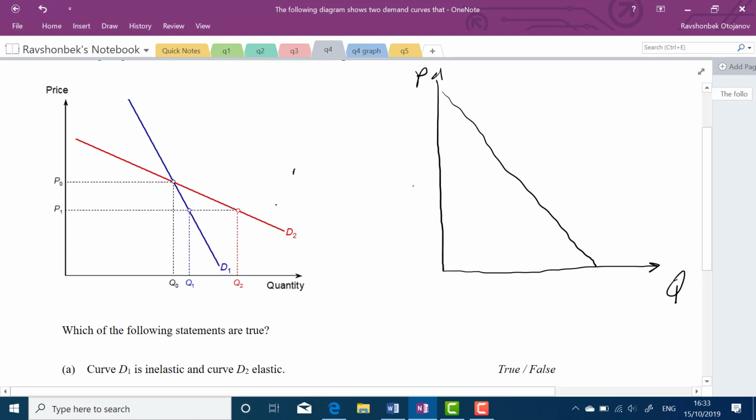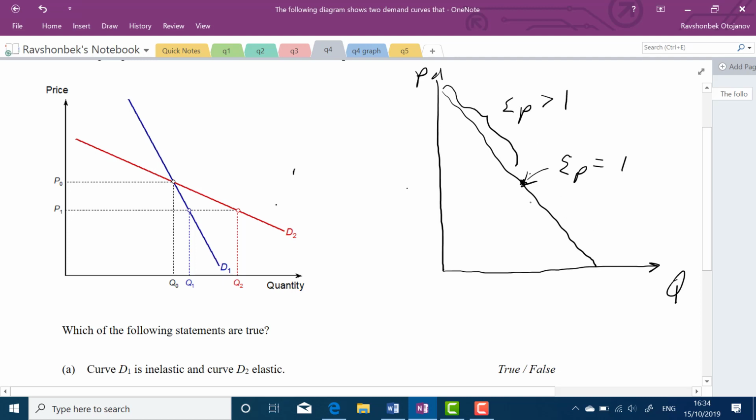So let's look at this now to get a better understanding. Let's say this is the middle point here. At this point, if you remember in the lecture notes, elasticity is equal to 1. Now, in this section where the prices are higher, elasticity is usually greater than 1.